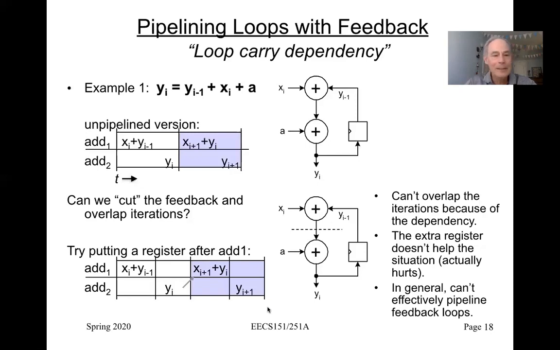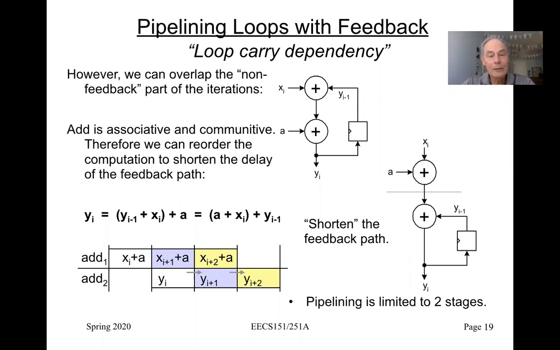We had this dependency, which we thought initially wouldn't allow us to overlap instructions, but we found a way to make that work in that case. There's no easy fix in this case, right? So we'd end up with this wasted time. So at every cycle, we'd only be using one or the other adder. So we probably wouldn't want to do that. What can we do?